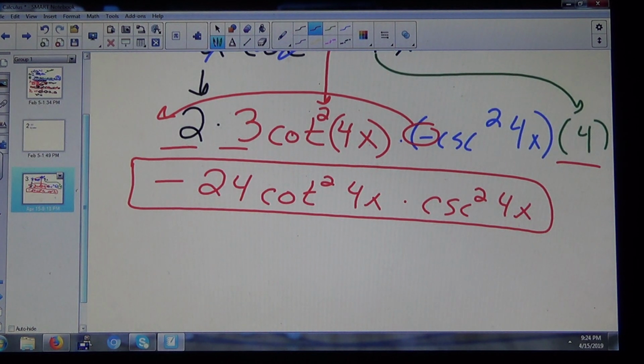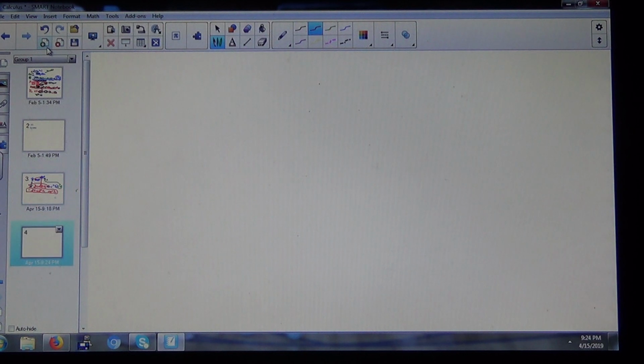Alrighty. Let's try another one. Let's do, find the derivative of this.